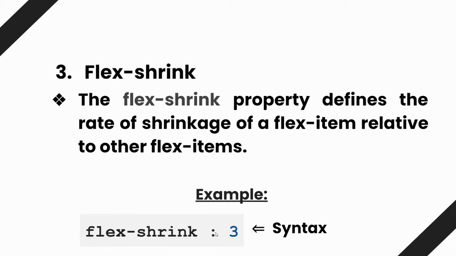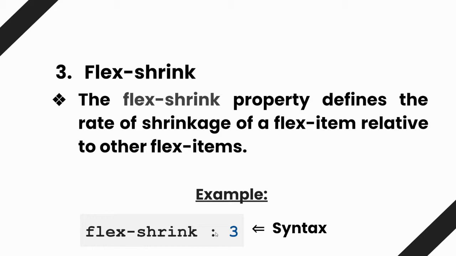Next, we have the flex shrink, which I was talking about until I realized it was flex grow we had. So the flex shrink property defines the rate of shrinkage of a flex item relative to other items. So this basically does the opposite of the flex grow. If you have a big container and you begin to reduce the size, by default, the sizes of the flex items would also get reduced as the container is reducing.